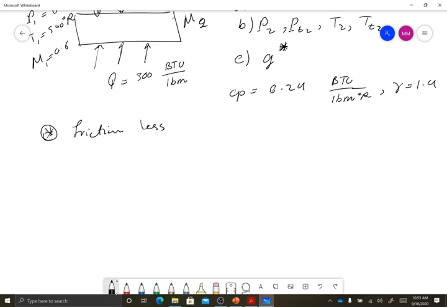Whenever you were asked to find a Q that is going to thermally choke the flow, you are asked to find a Q star. You were given the Q, but you're finding the Q star. That's right. Okay. So, it is frictionless and it's also a constant area.